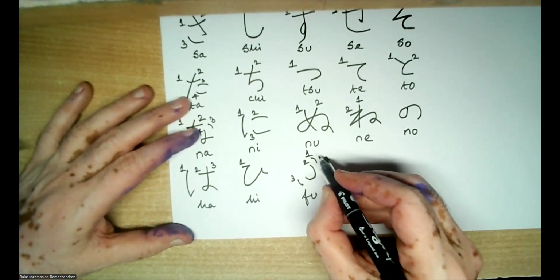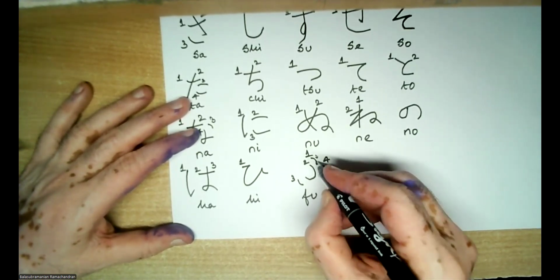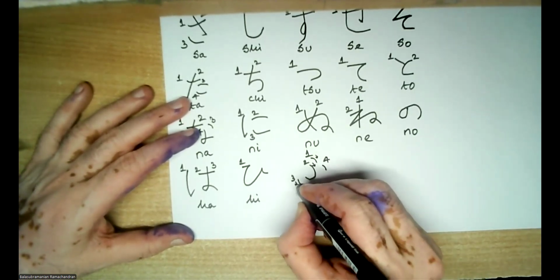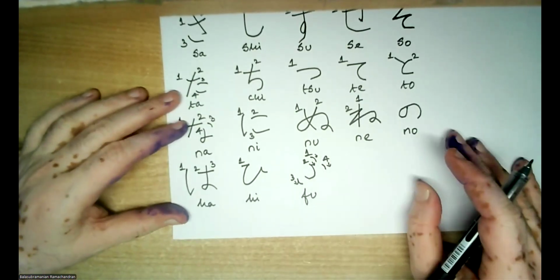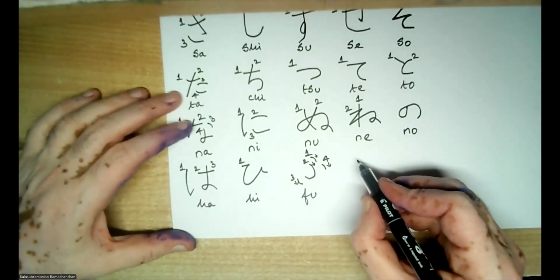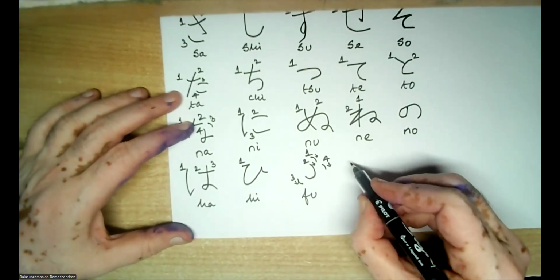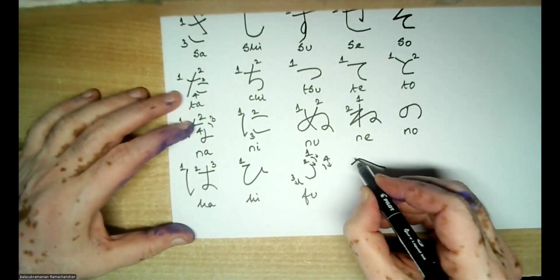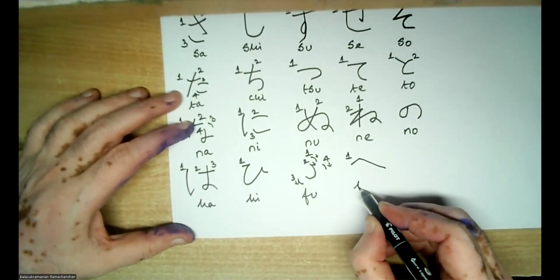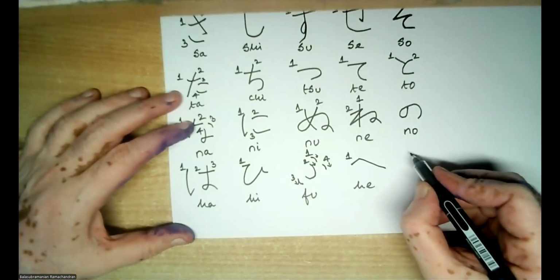Of course, we look at the directions of the strokes. It's like this, and then second stroke is like this, third stroke is like this, fourth stroke is like this. We look at the directions later, okay? For certain letters, things may be a bit confusing. So we have ha, he, fu. He is very straightforward. You have this single stroke, he and ho.